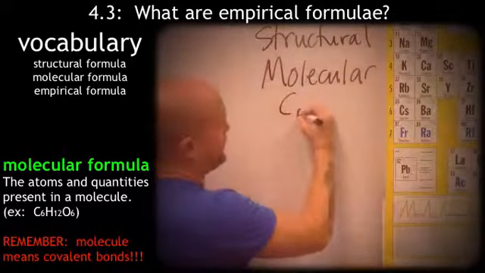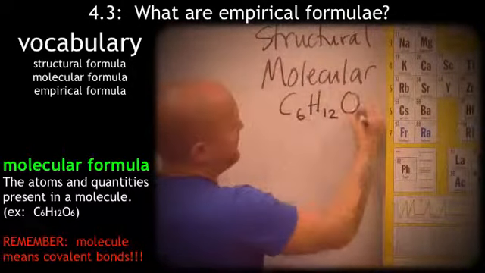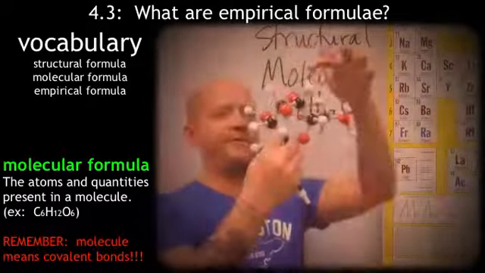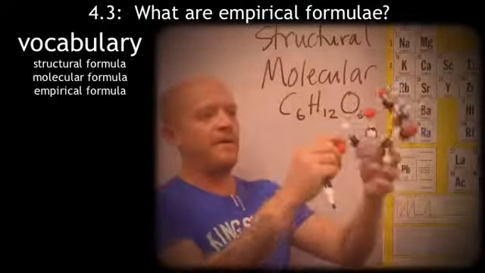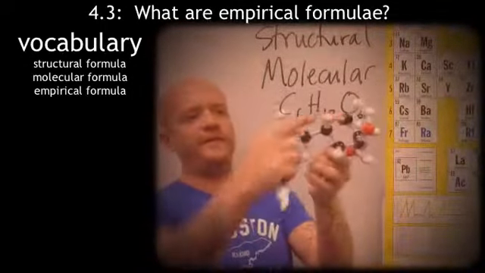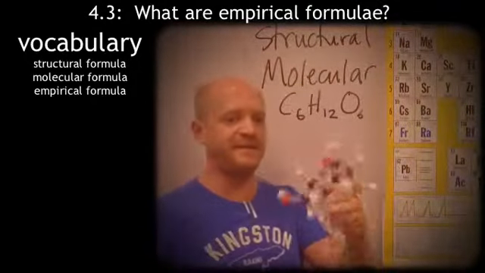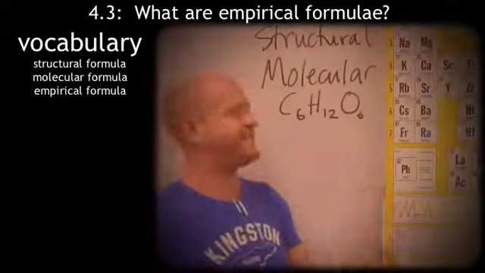For this one, glucose, it's C6H12O6. If you look right here, we got 1, 2, 3, 4, 5, 6 carbons. We have 1, 2, 3, 4, 5, 6, 7, 8, 9, 10, 11, 12 hydrogens. And we have 1, 2, 3, 4, 5, 6 oxygens.